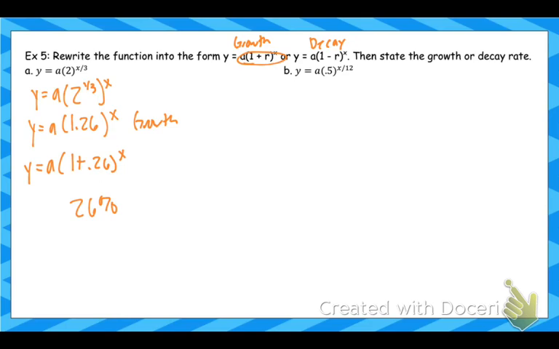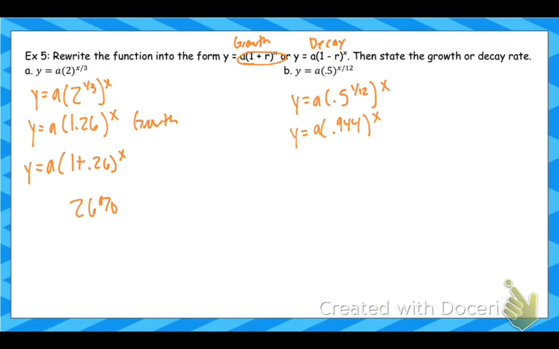All right, on B, same idea. We're going to rewrite this as 0.5 to the 1/12. Then at that point, I can go ahead and evaluate 0.5 to the 1/12 on a calculator, which would give me 0.944. At this point, I can determine whether this is growth or decay.